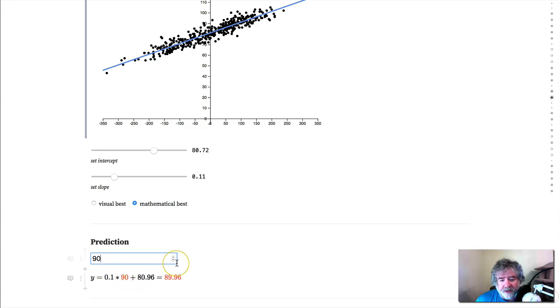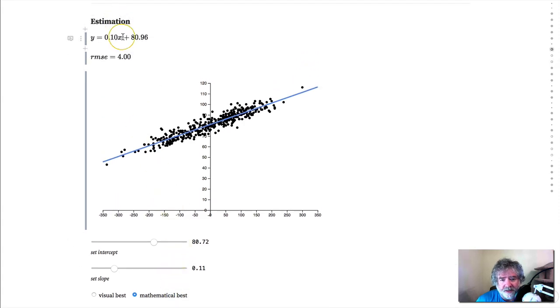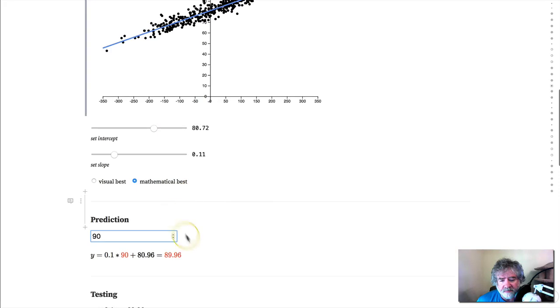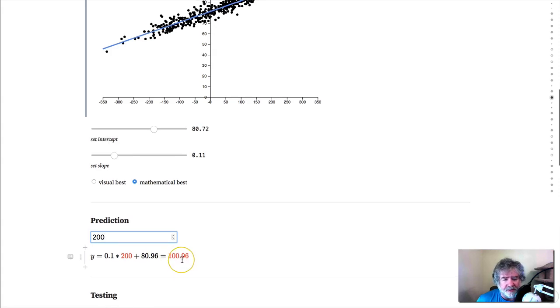So 90 gets plugged into the equation for X, and the prediction is about 90 wins. How about a point spread of 200? We're predicting a little over 100 wins there. How about a point spread of negative 200? We're predicting about 60 wins in that case. Okay?